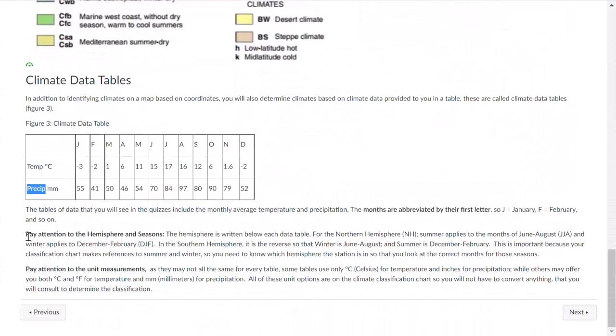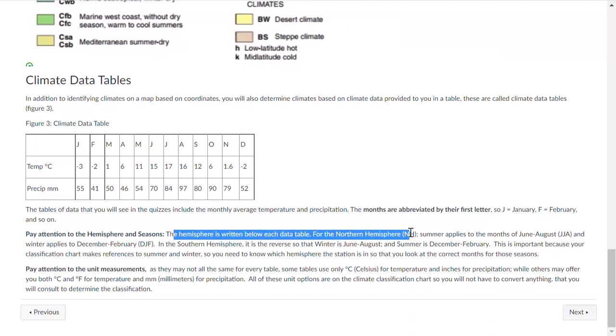And what's also really important to note is that this can change based off of the hemispheres. So whether we're in the northern hemisphere or the southern hemisphere, that is going to change when it is summer or winter. And so this is also marked on the actual exercise, but you can see that the hemisphere is written below each data table.